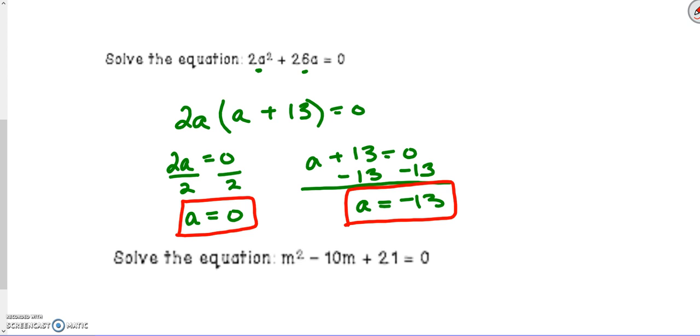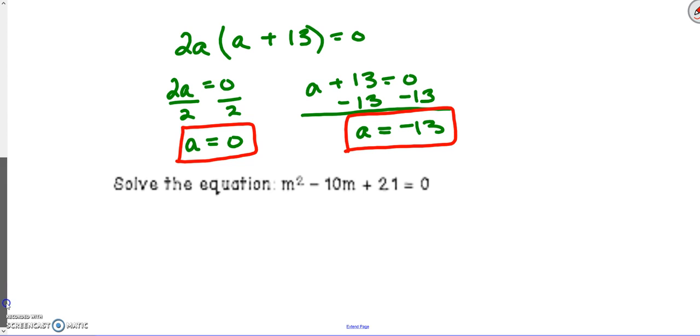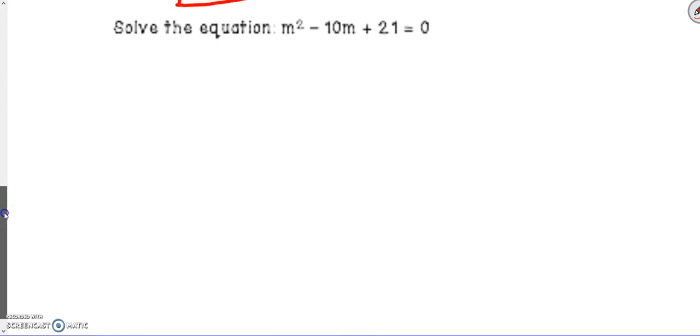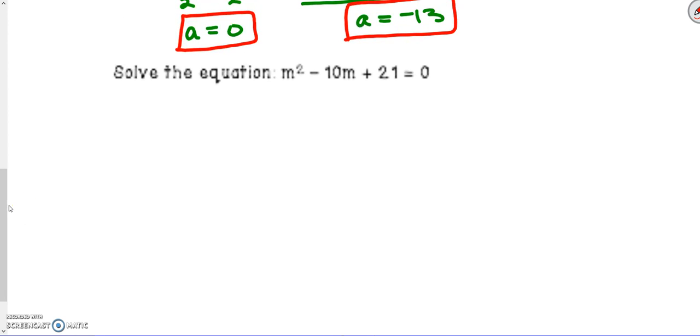Alright, now the third one from the first day's lesson is example 3, and it's factoring a trinomial with leading coefficient of 1. And what I mean by that is that this number right here in front of the m is a 1.